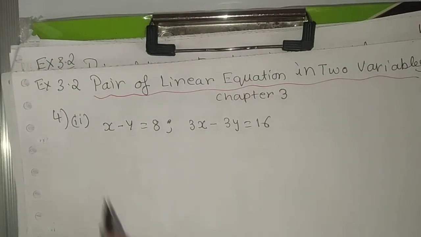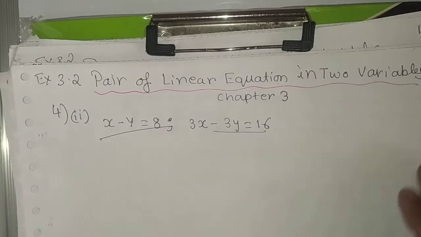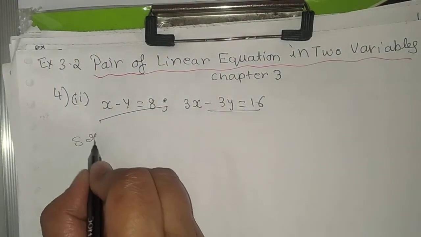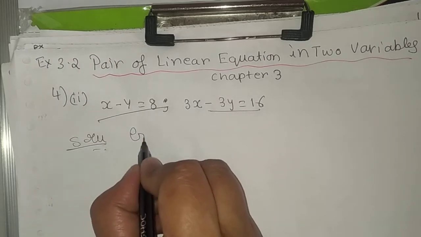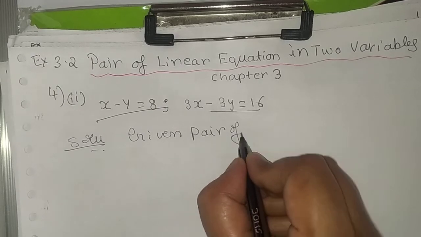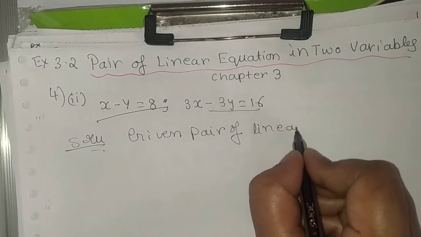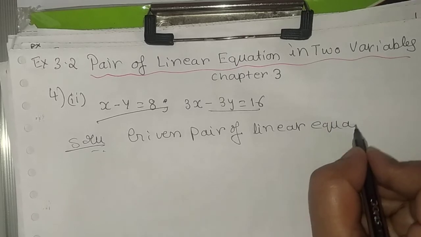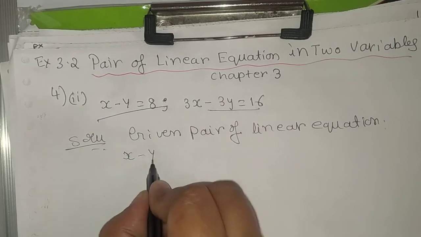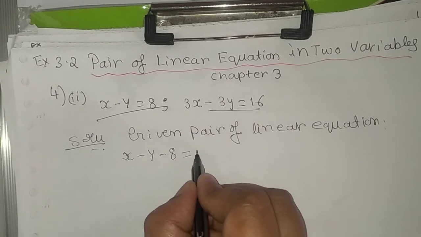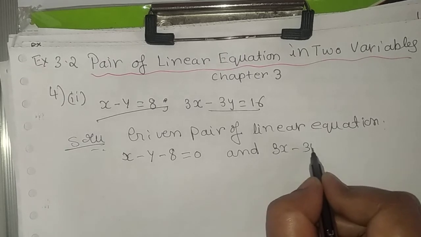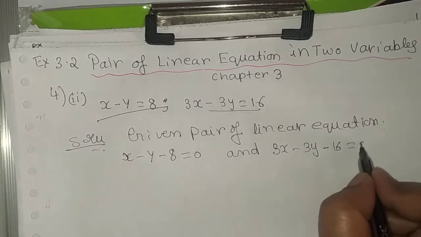Solution: the given pair of linear equations can be written in this form, x plus y minus 8 is equal to 0 and 3x minus 3y minus 16 is equal to 0.